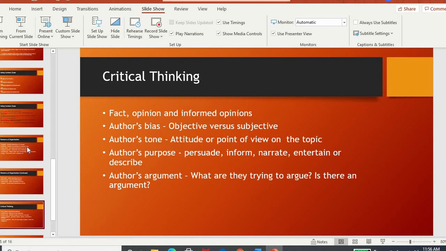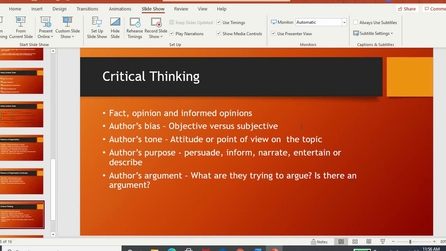And then finally, critical thinking. We need to know the difference between a fact, something that can be proven true or false, an opinion, just a belief or a value or a judgment, and then an informed opinion, which is kind of that gray area. You've done the research and you come to an opinion, but it's informed because you've done the background work. The author's bias, do they have a preference?